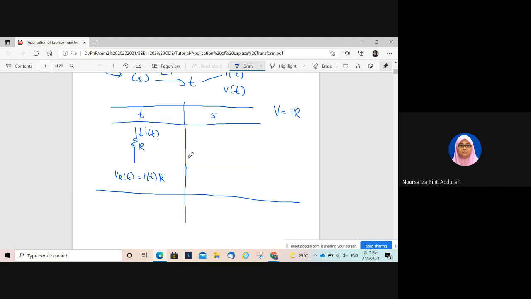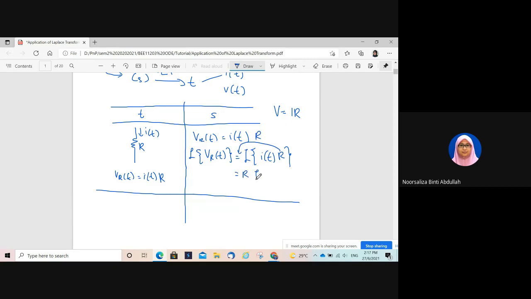So we want to convert from T to S here. So we have v_R(t) equals i(t)R. We are using Laplace, so kita Laplacekan semua. And R, kita keluarkan R dekat luar.